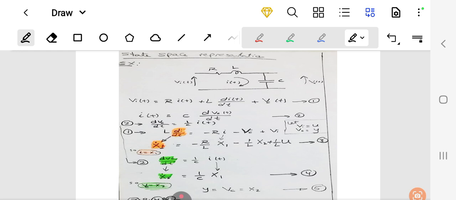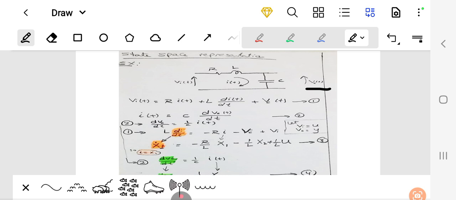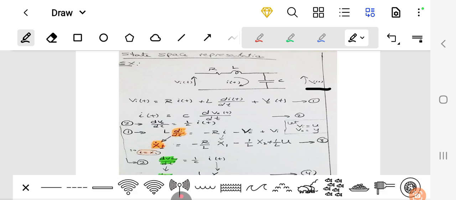V input equals R times I plus L di by dt, the voltage across the coil, and the voltage of the capacitor, which is Vc of t, which is the output of the circuit. We can write the current equation as a function of the voltage across the capacitor as I equals C dVc by dt.